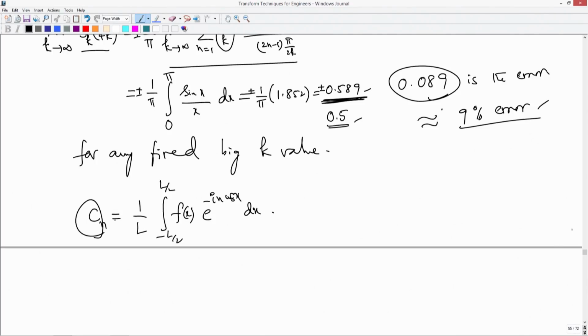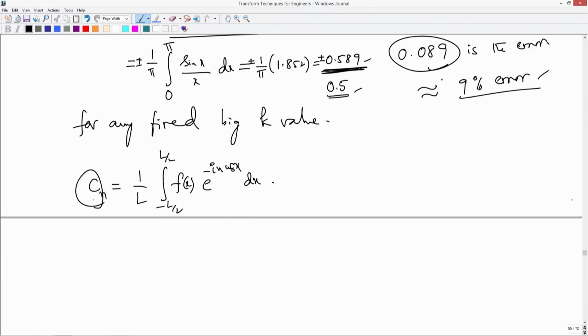These depend on f and n, so we call this f cap of n, a function of n. This is the definition of the Fourier transform: the Fourier transform of a periodic signal is defined as 1 by L times the integral from minus L by 2 to L by 2 of f(x) e power minus i n omega naught x dx.